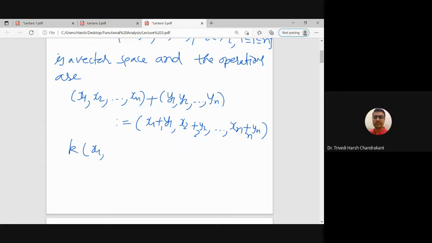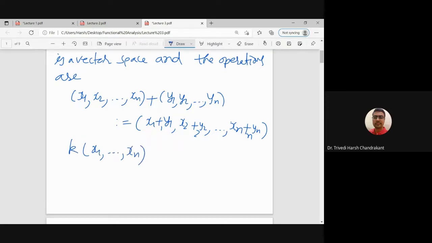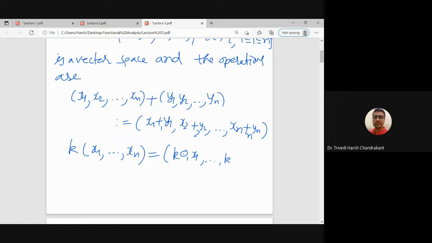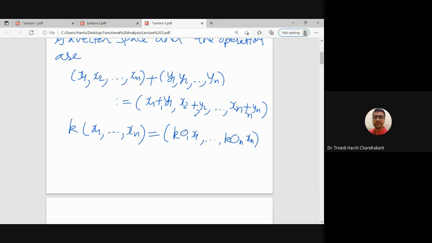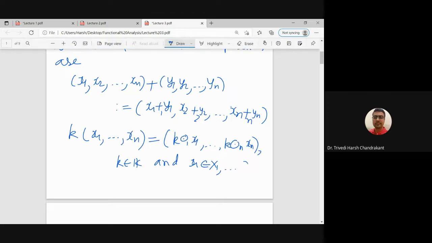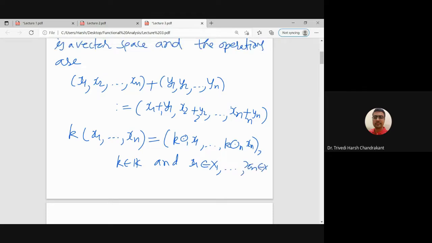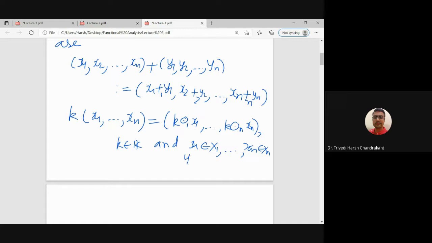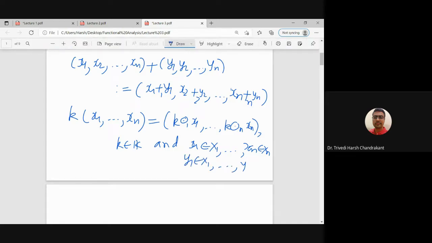And similarly we can define scalar product. That is also defined: k dot 1 x1 to k dot n xn, where k is in K, and x1 is in X1, xn in Xn, and again y1 is in X1, yn is in Xn.